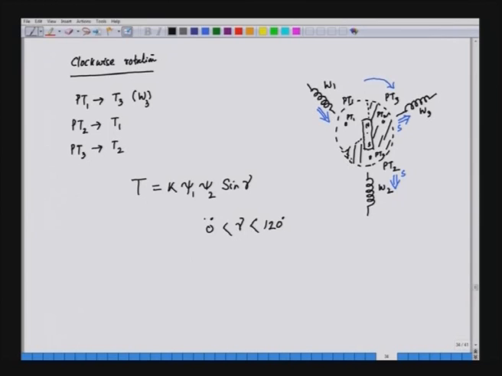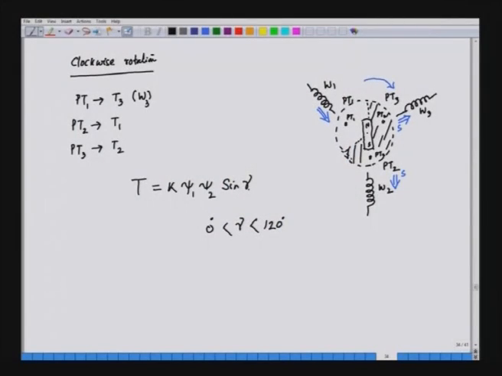All right. So, we have the expression for the torque, and gamma is not constant. We are not having any constant angle. In each revolution there are 3 switchings, because we are having 3 transistors, and the torque is proportional to sine gamma, and gamma continuously changes from 0 degree to 120 degree, and hence the torque varies as follows.